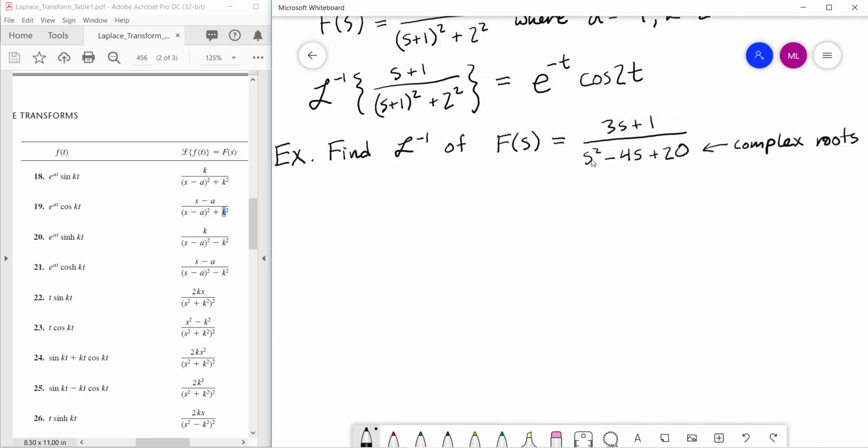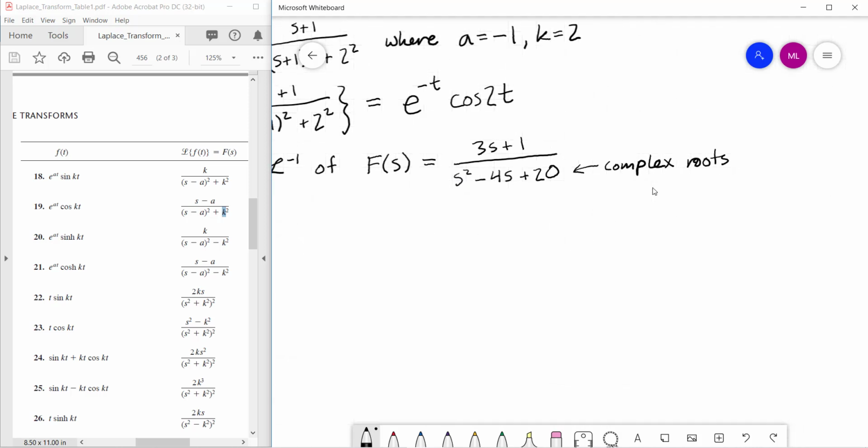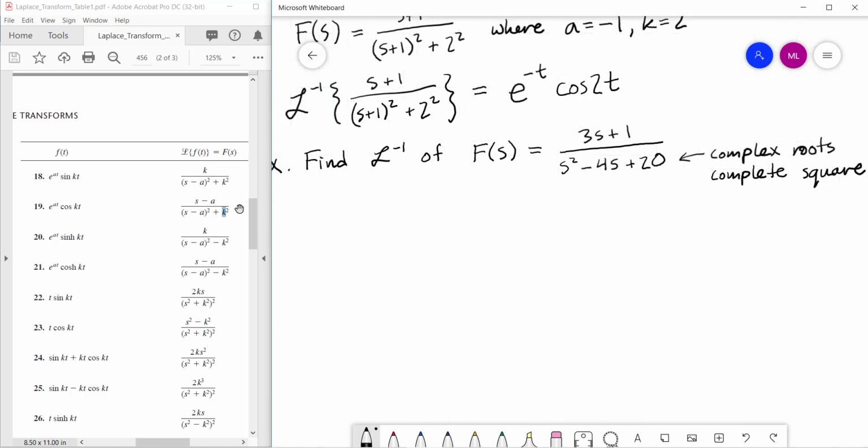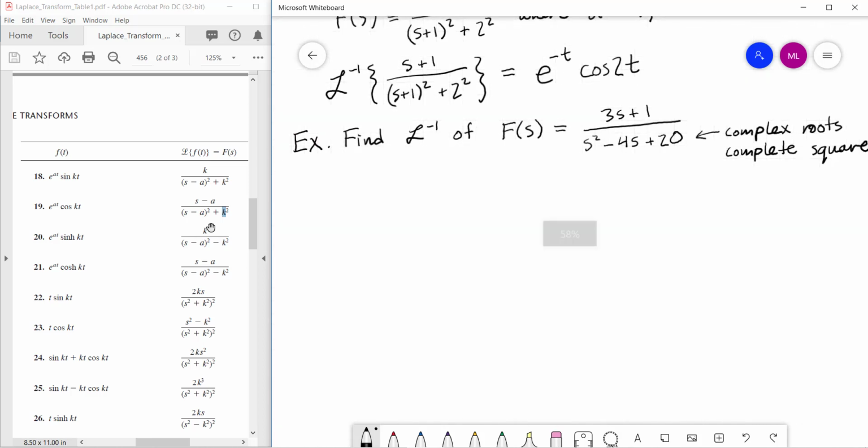Whenever you see this term having complex roots, the goal is going to be to complete the square and make it look like we just did in that last problem, because by completing the square, we'll get it into one of the forms of one of these terms over here that involves having sines and cosines. Okay, so that's our goal.